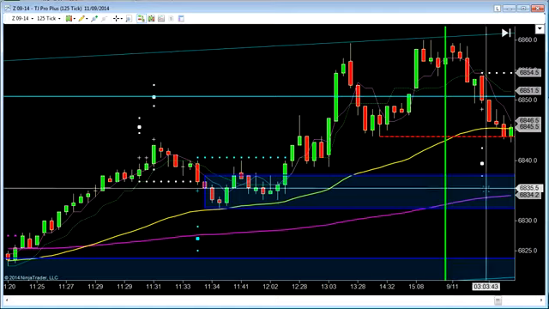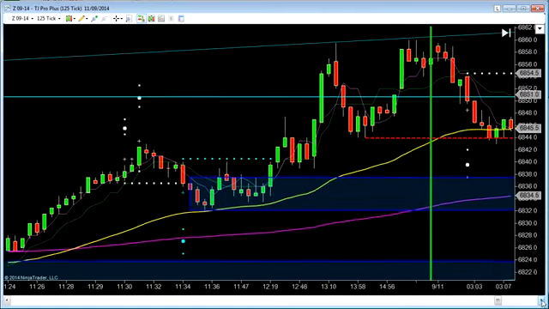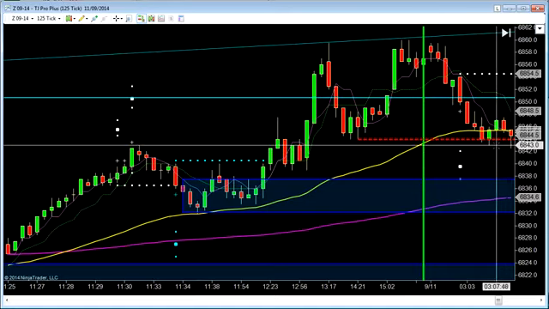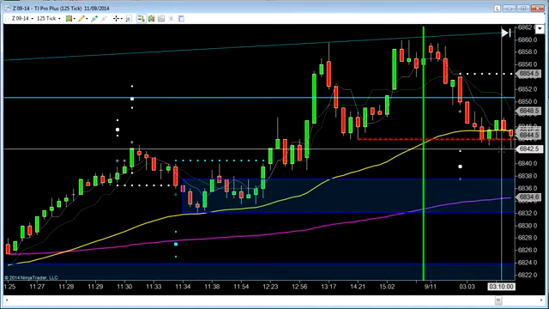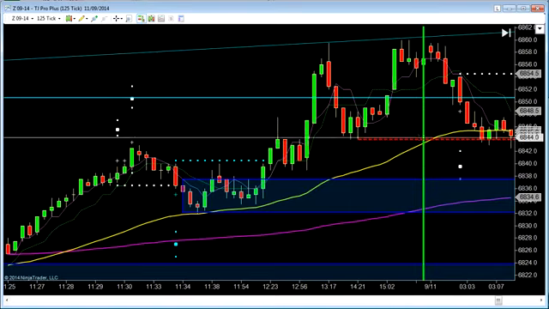So at this point we moved up a little bit, and then we came back down and retested, and we just got through by one tick.